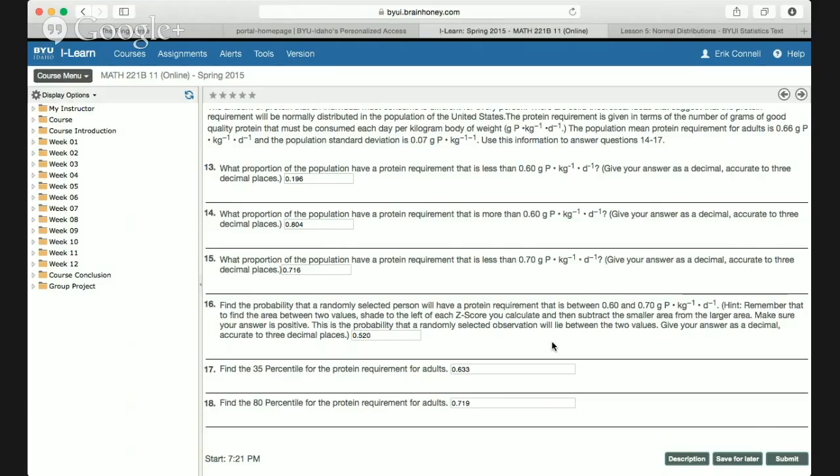Find the 35th percentile for the protein requirement for adults. Define the percentiles.